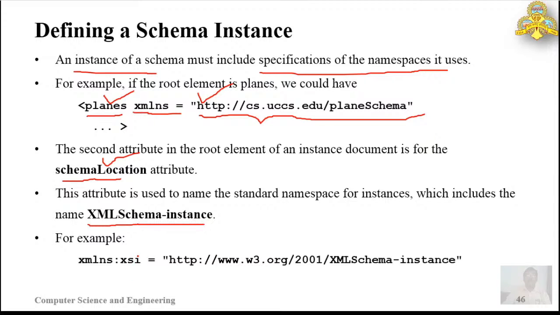XML schema instance in the XML document is XSI, and it is according to the definition provided by w3.org XML schema hyphen instance. So these are the terms you should remember.